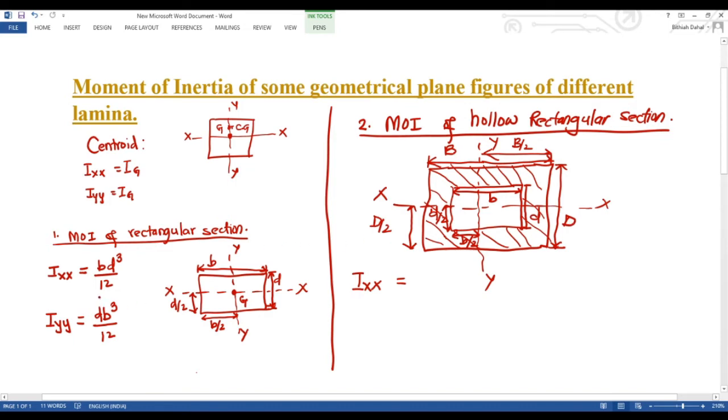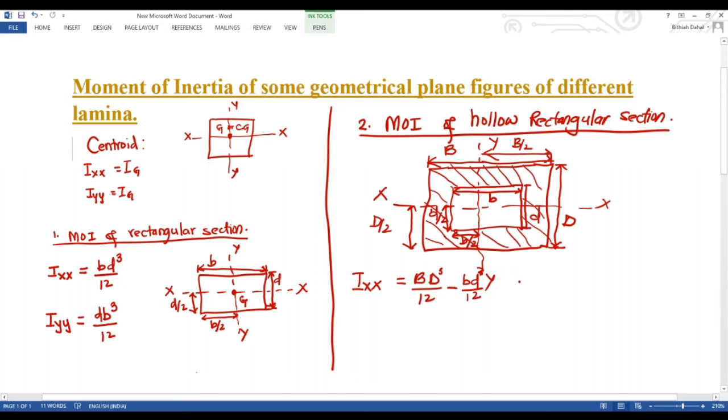In the previous figure, what did we find for a rectangular section about the x axis? It is BD cube by 12, which remains the same here for the outer rectangle. So BD cube by 12 is the moment of inertia for the outer rectangle, minus that of the inner rectangle, where I have small d and small b, so small b d cube by 12.